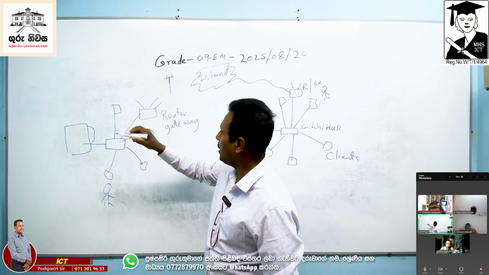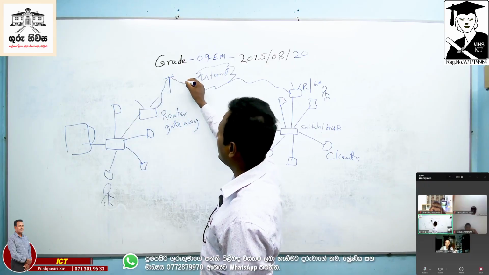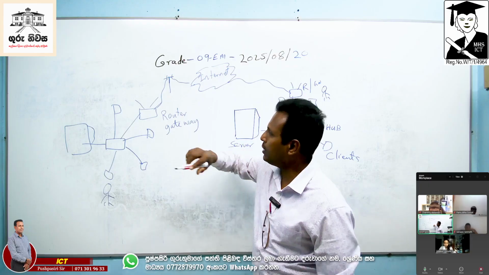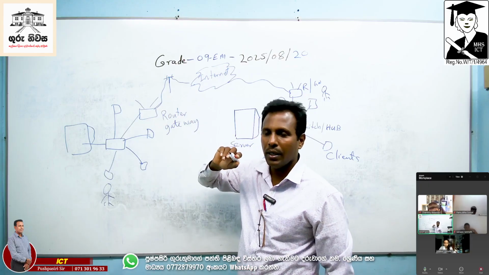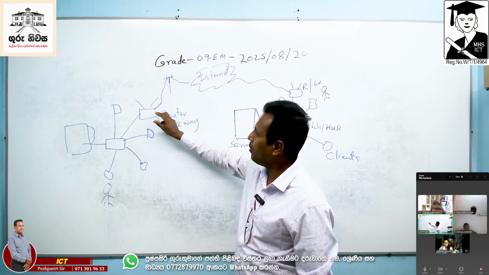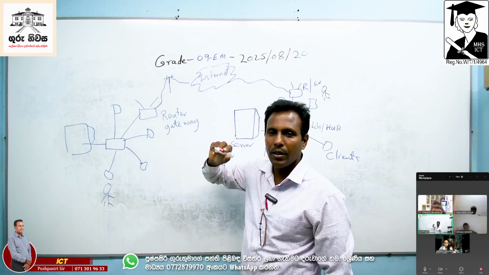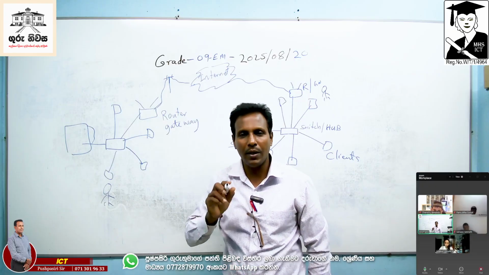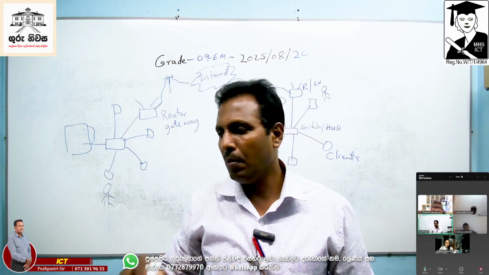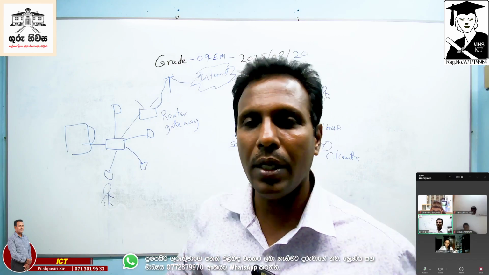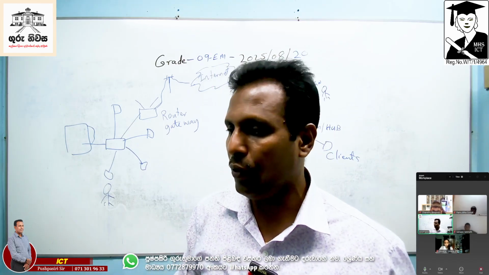That message goes through the telephone cable to the internet. From the router it connects to the telephone cable. The telephone cable works with analog, but the router and computers in the network work in digital format.